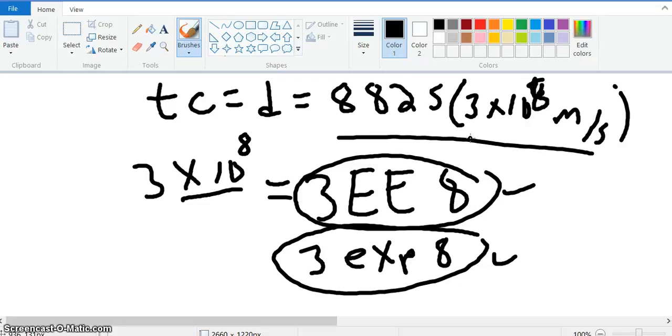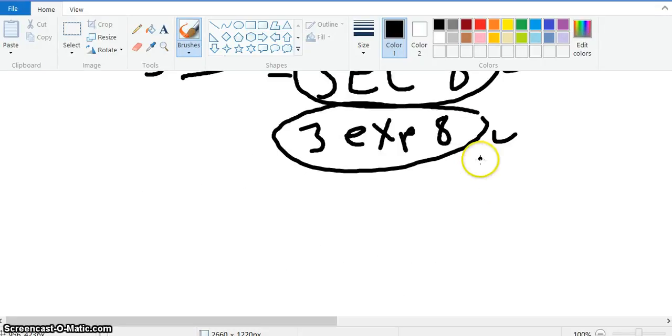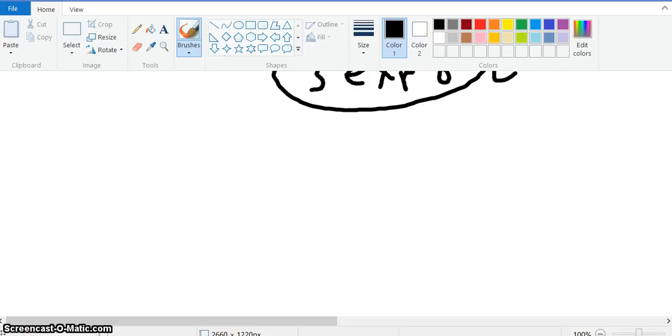So the answer that I get is the distance traveled in 14.7 minutes by light, or a radio wave or a microwave, all of them travel at the same speed. Make sure you do this example until you get it right, so that you know that you really know how to use your calculator.